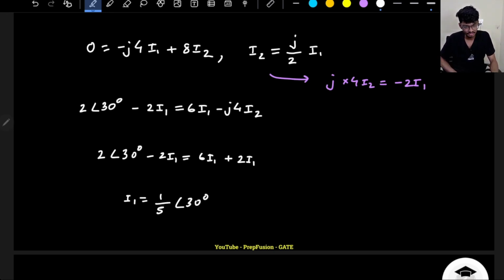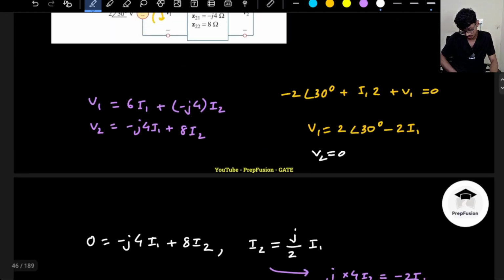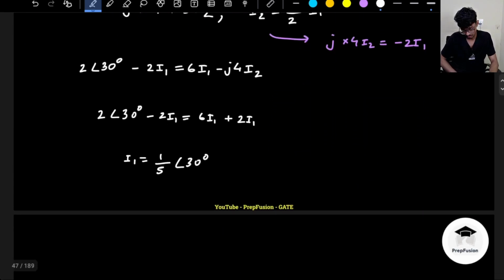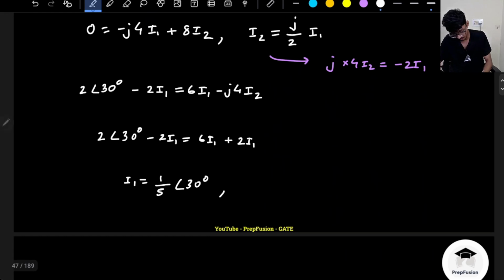You can simply find out your I2 current as well. So let's solve this question. I2 current will be just J by 2 of this I1. J is 1 angle 90, divided by 2, into I1.